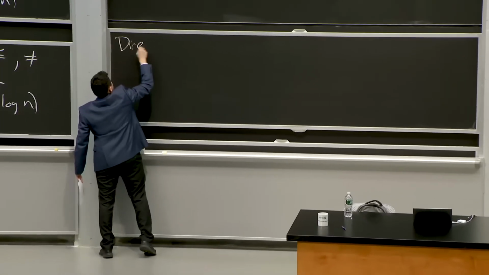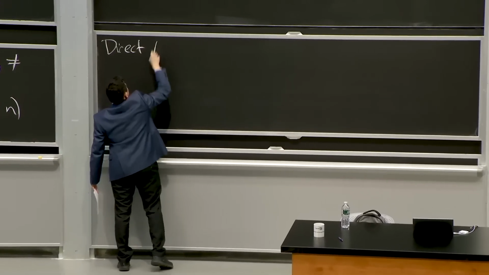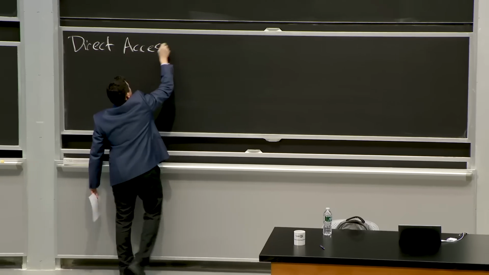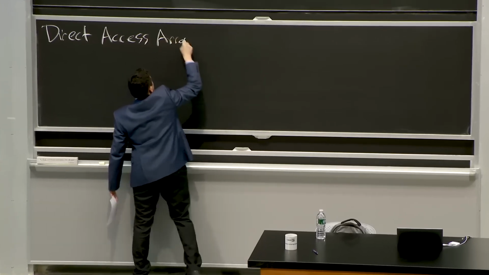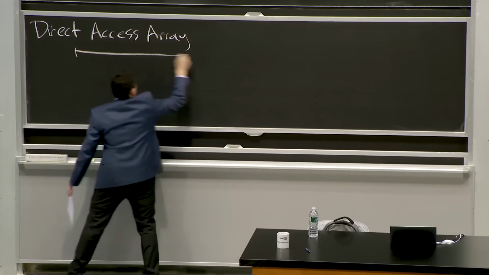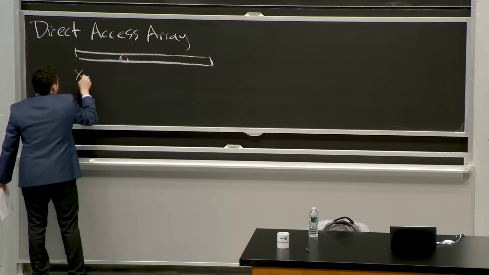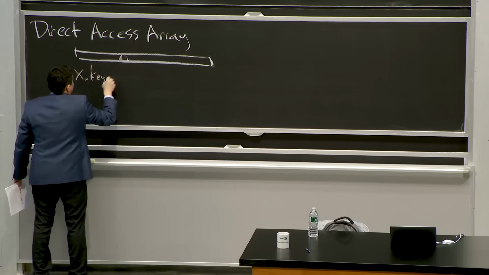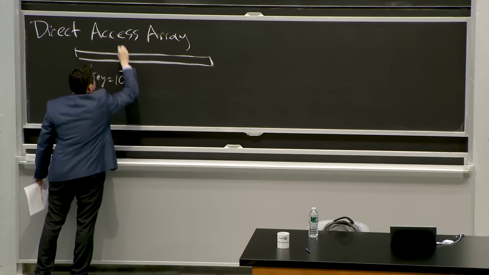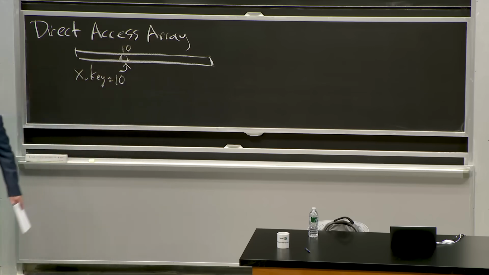It's really no different than the arrays that we've been talking about earlier in the class. We have an array, and if I have an item with key equals 10, I'll stick it in the 10th place.